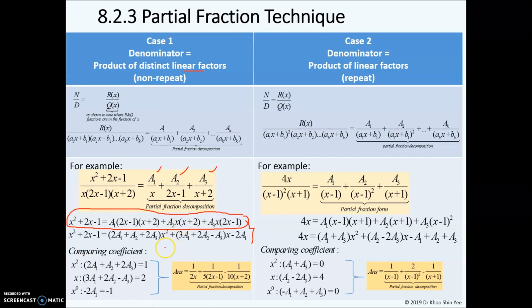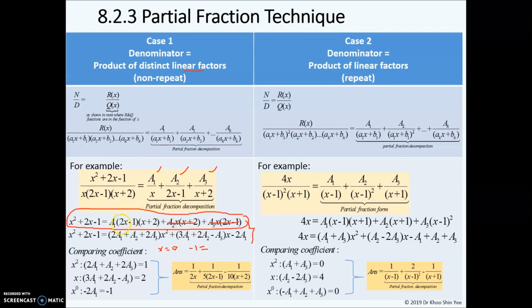You found that when you let x equal to 0, these two terms can be cancelled when you substitute 0. We substitute 0 here and 0 here. On the left hand side you get -1.